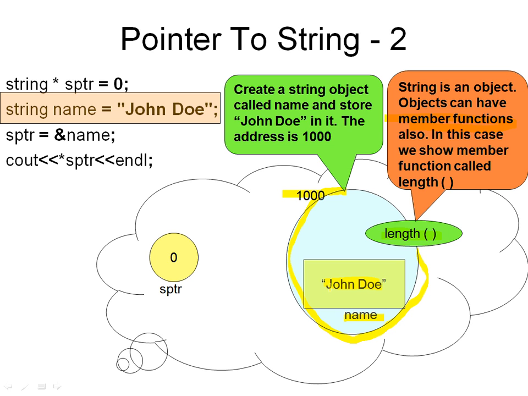So in this case, John Doe has 8 characters, including this space. Space is also counted by the length function. So basically the meaning of this statement is: create a string object called name inside which John Doe is stored, and of course a string object has a length function, and the address of this entire string object is 1000.